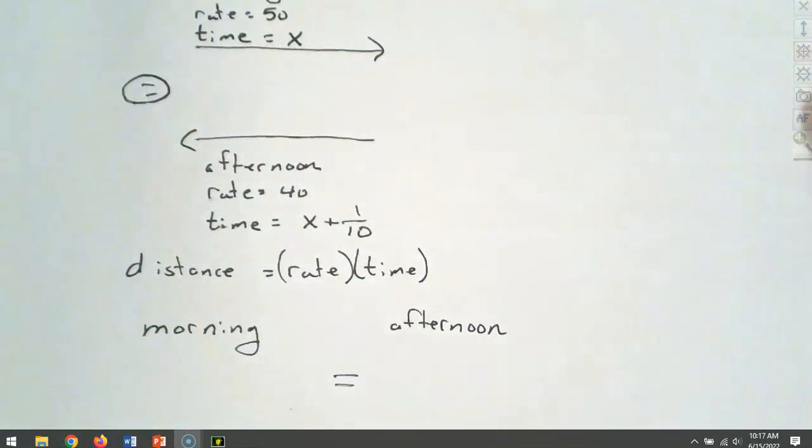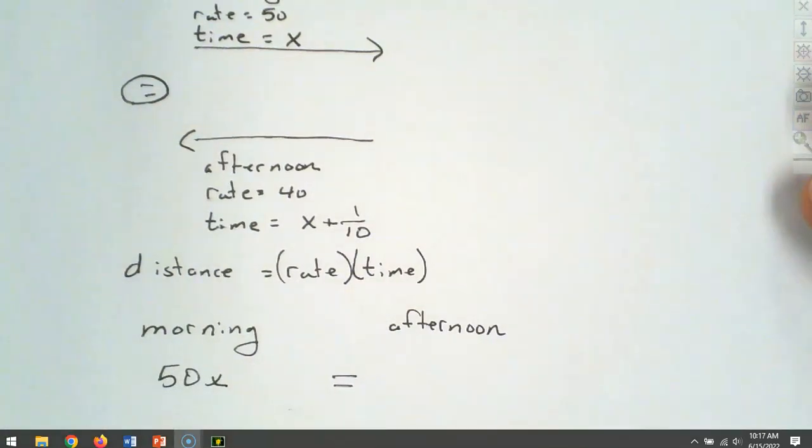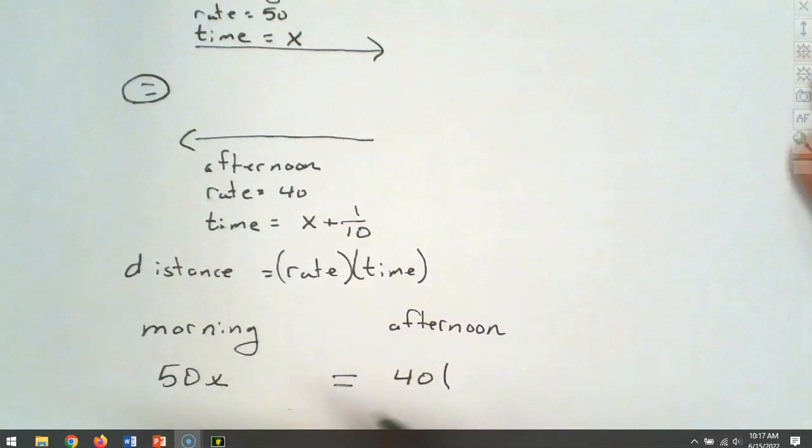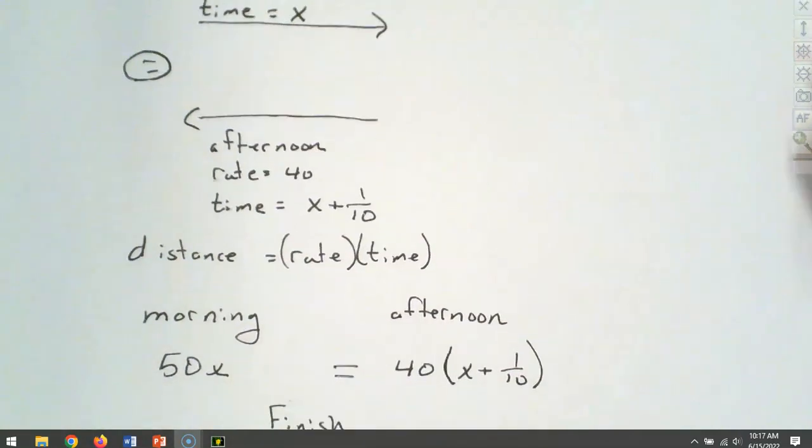So in the morning, it's easy. Rate times time, well, that's simply going to be 50x. And in the afternoon, 40 is our rate of speed, and the time is x plus 1/10. So you can finish it from here.